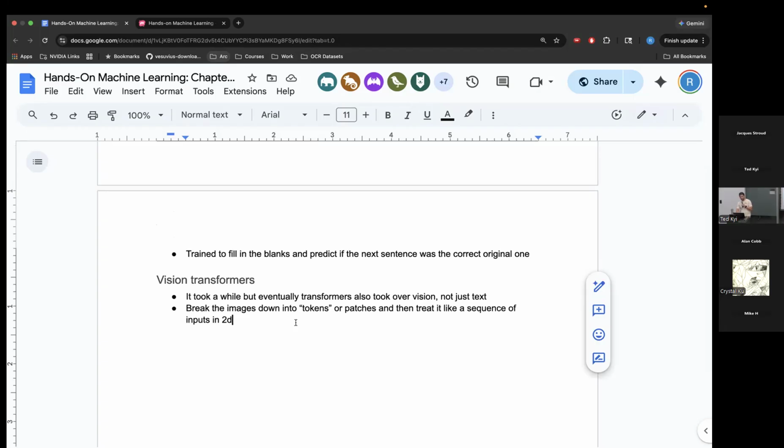Are the vision transformers what diffusion and stable diffusion are based on? I believe so. I haven't looked specifically at the stable diffusion architecture. Most of those kinds of things are transformer based in some way now.